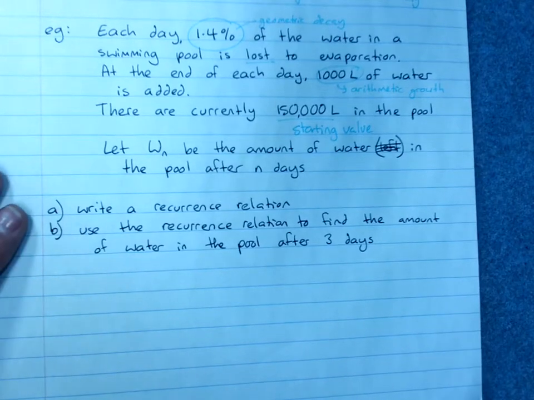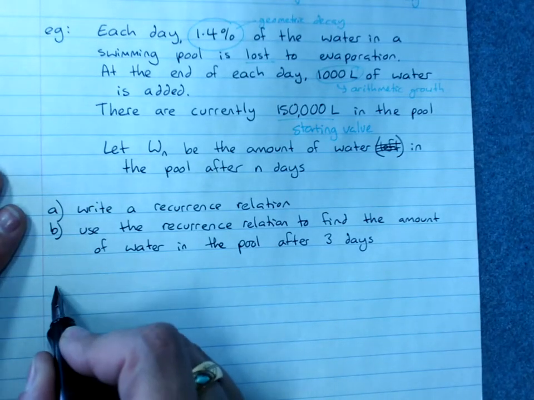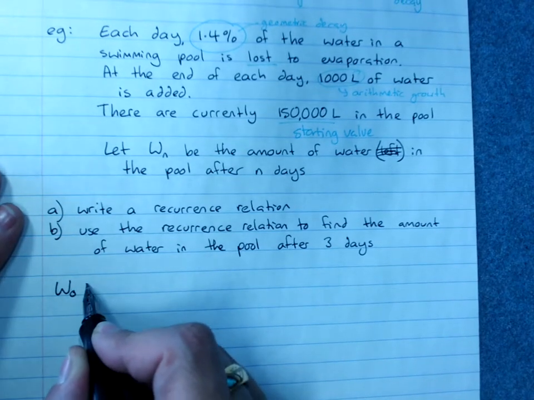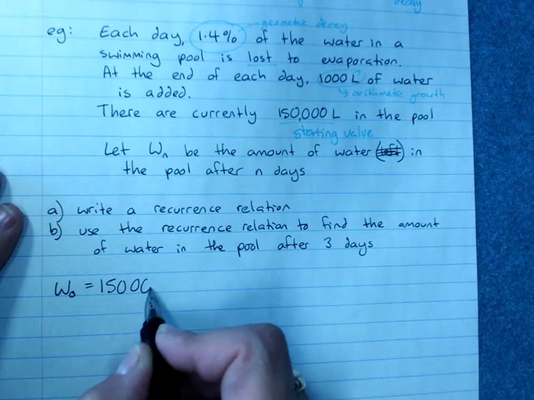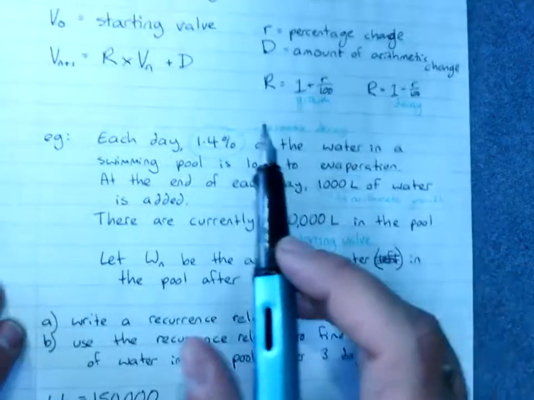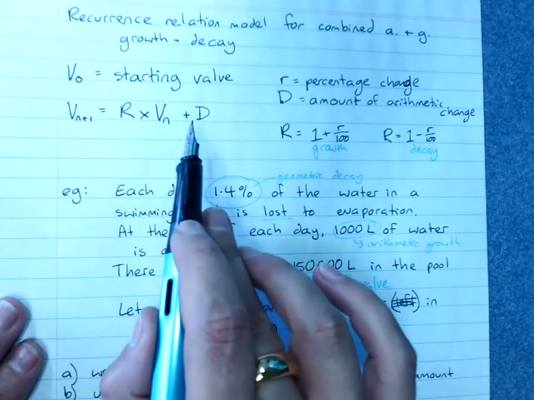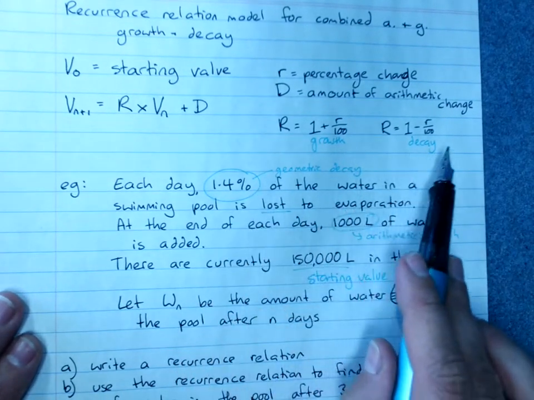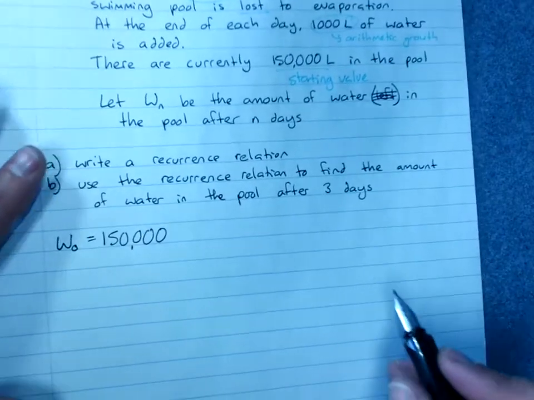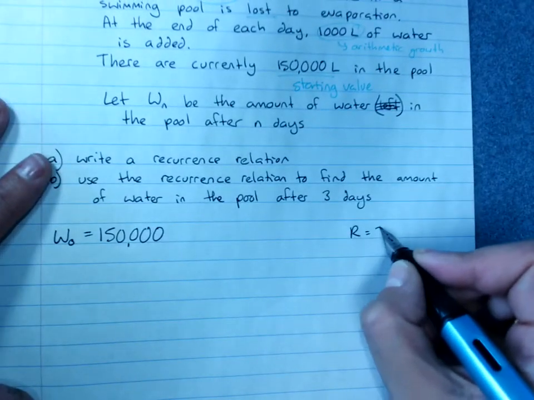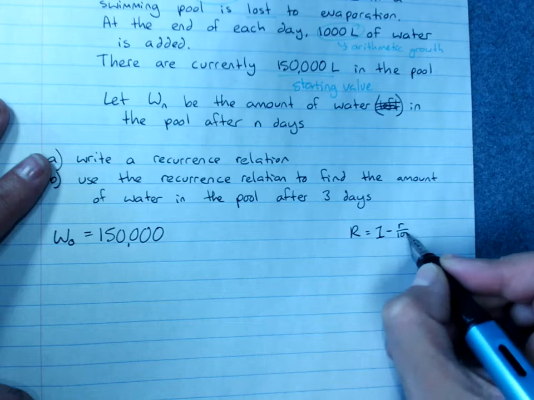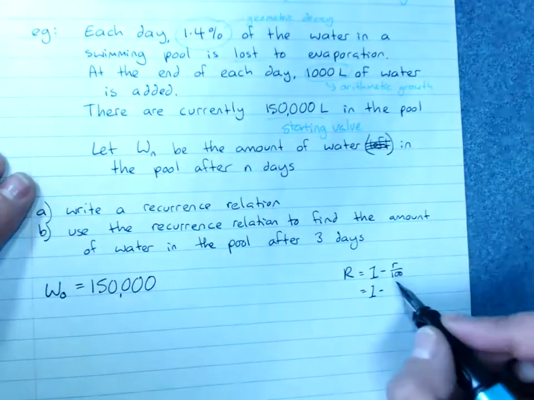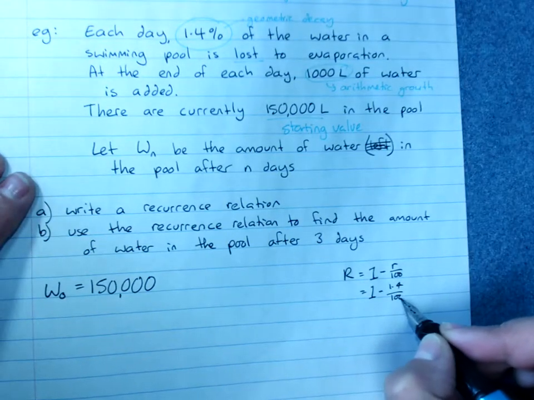1, write a recurrence relationship. W0, starting value, is 150,000. We have to work out capital R and capital D. Geometric decay means this is our R. So we'll do some working out over here. R is 1 minus little r on 100, which is 1 minus 1.4 on 100.